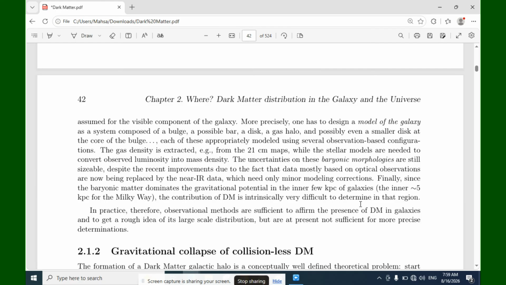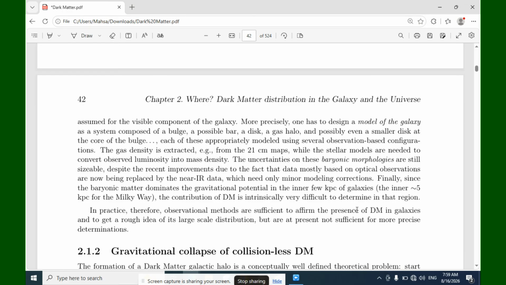Finally, since baryonic matter dominates the gravitational potential in the inner few kpc of galaxies, the inner approximately 5 kpc for the Milky Way, the contribution of dark matter is intrinsically very difficult to determine in this region.